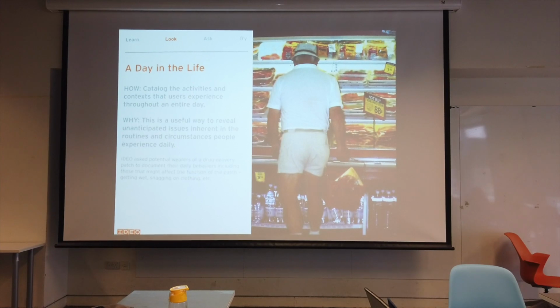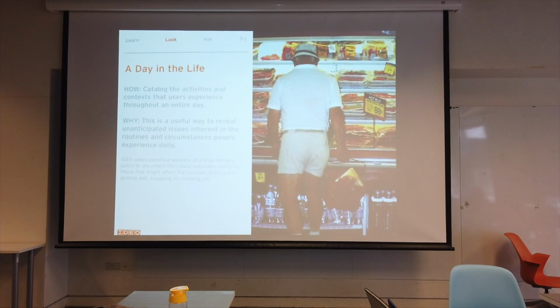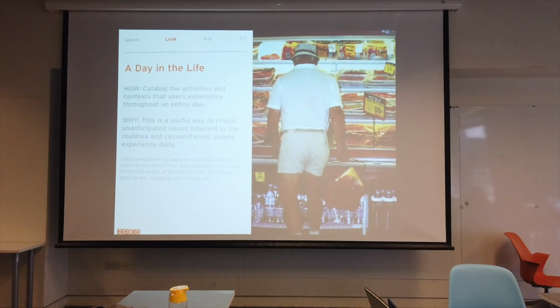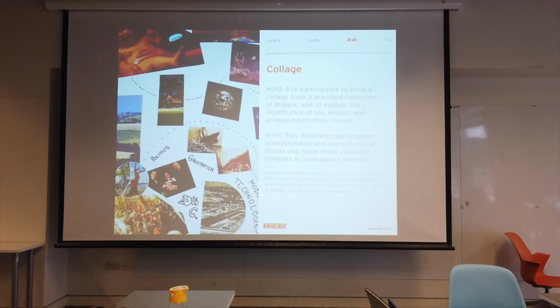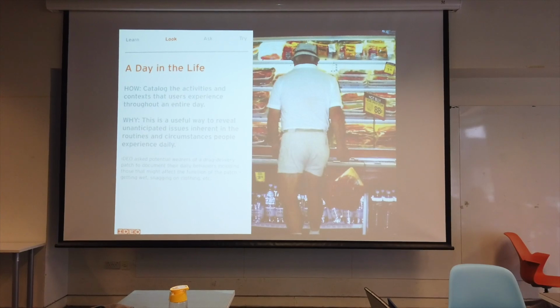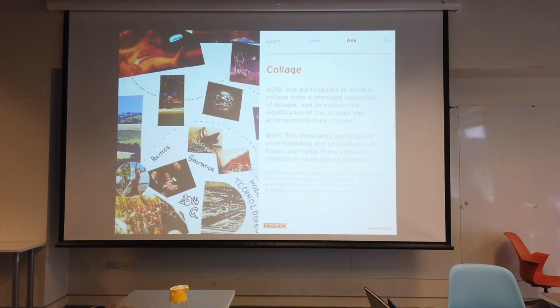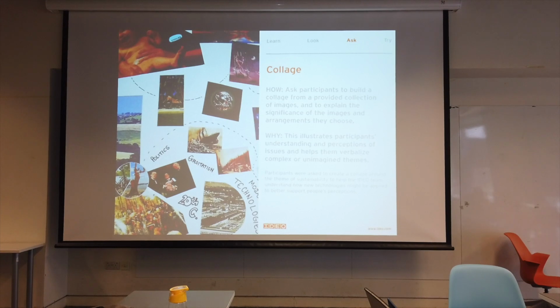Based on each category, they introduce a different research methodology. So I encourage you, when you're doing your final project, to adopt one or a few of the methods. Maybe you'll find them very handy to follow. For example, collage, a day in the life. I was inspired by this box set, and I also adopted some of the methods into my design project.